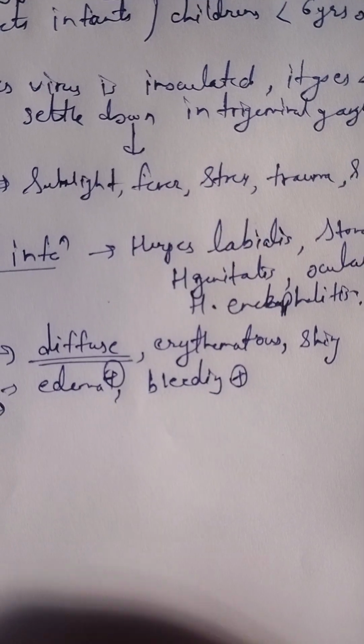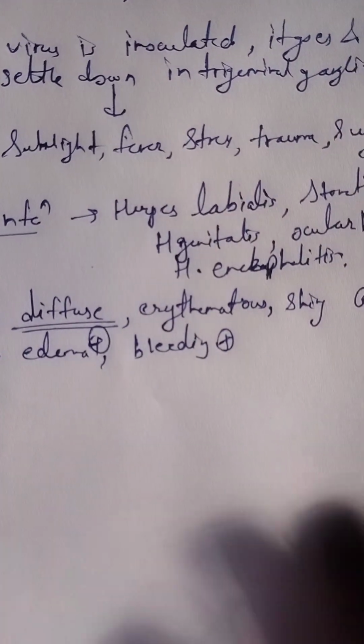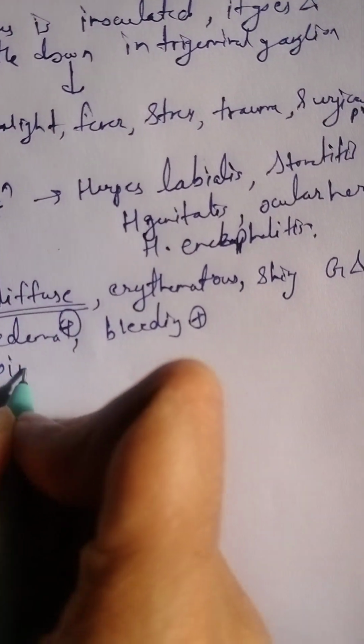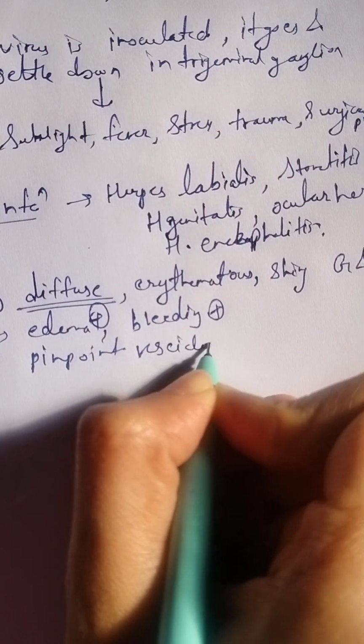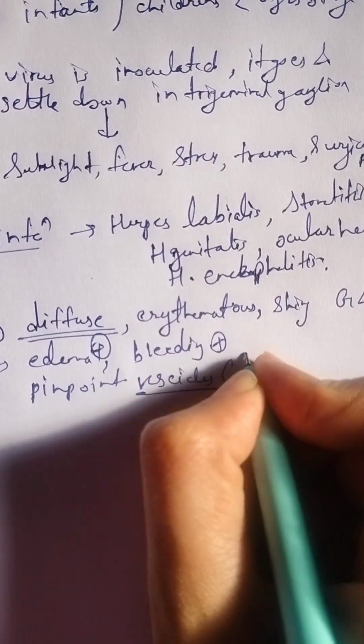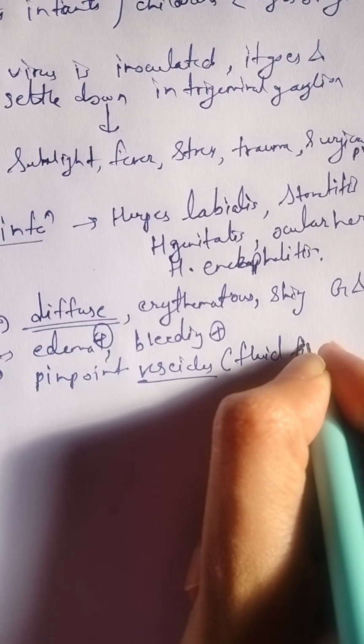First of all, vesicles are formed. What is a vesicle? Pinpoint vesicles form. Vesicles means fluid filled cavities.